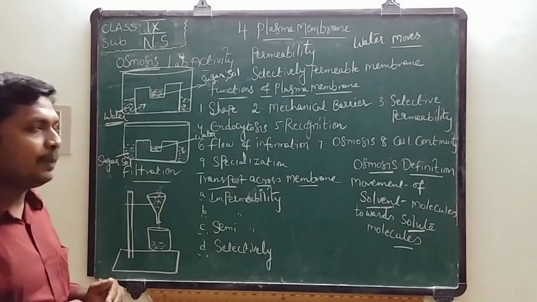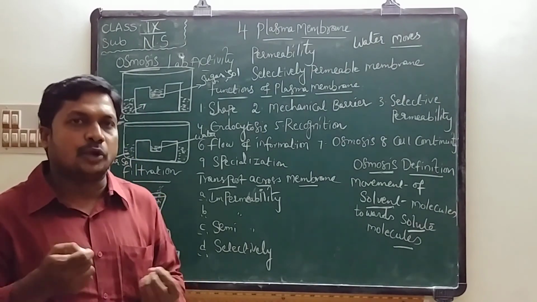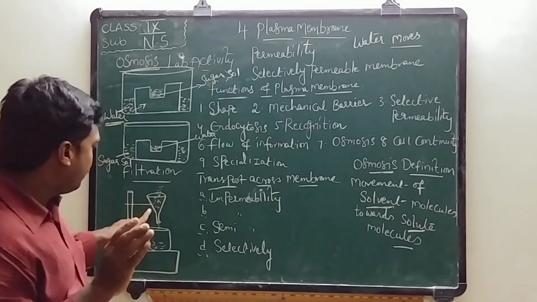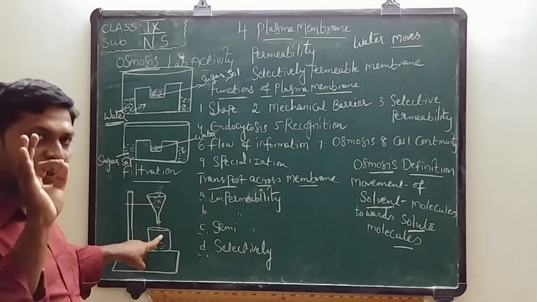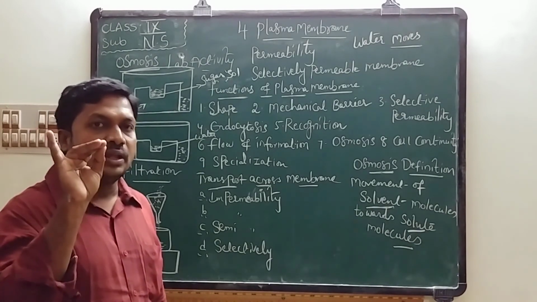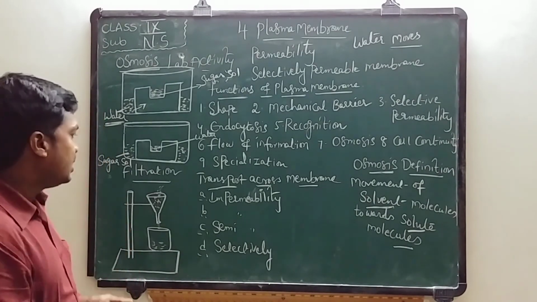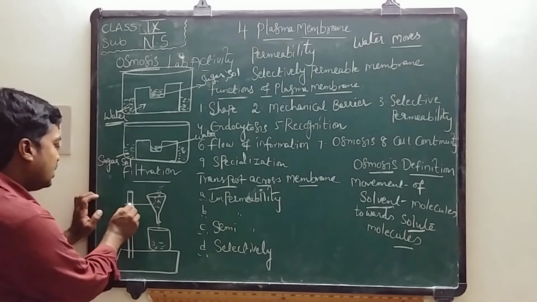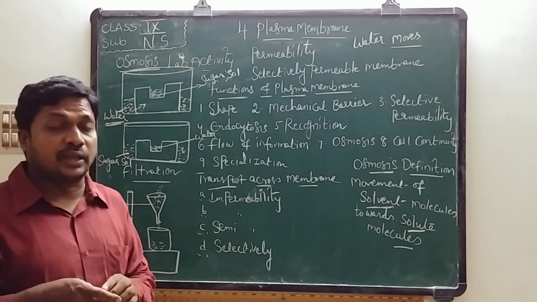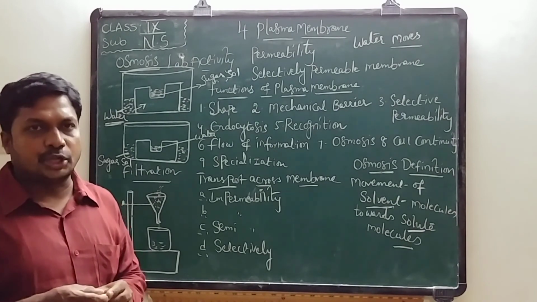Once again I repeat the parts required for the filtration experiment: first a funnel, second a beaker, third water, fourth rice or wheat flour, fifth iodine solution, sixth a stand, and you have to take a tissue paper.